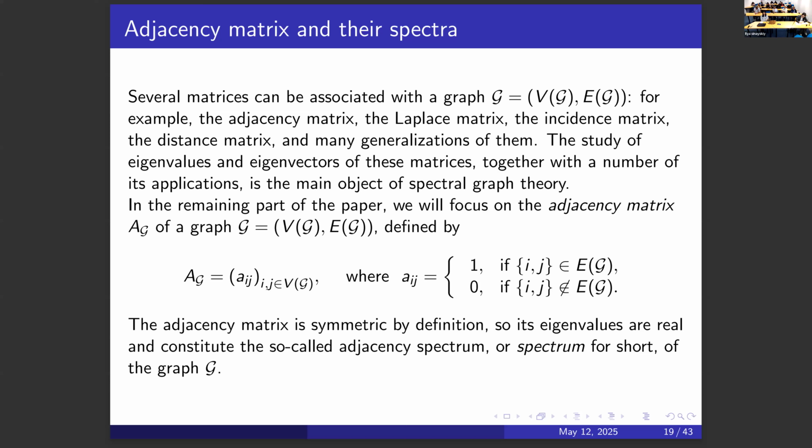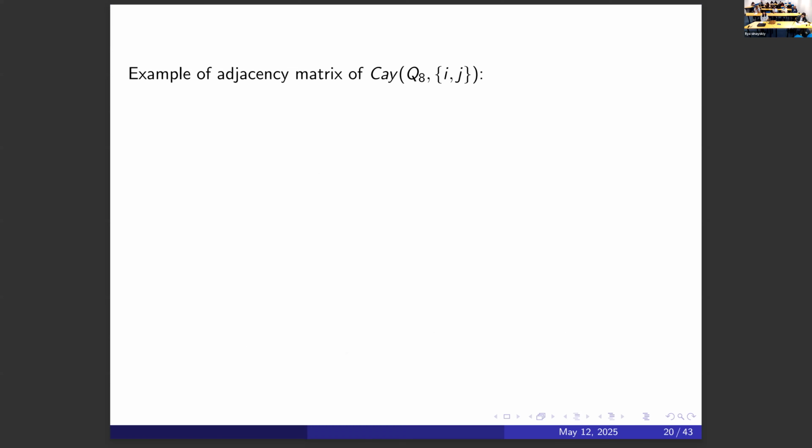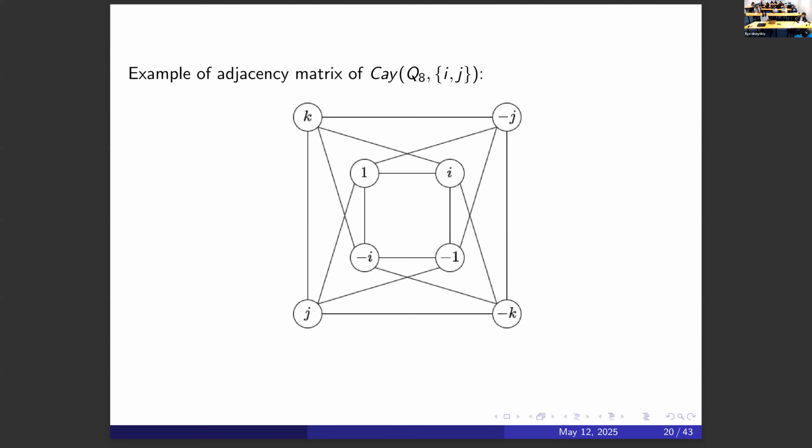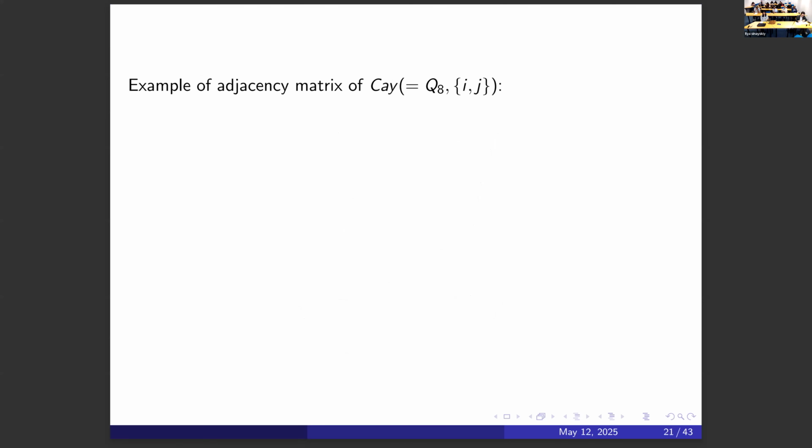When we are associating a spectrum with the graph, where there isn't confusion we just say the spectrum of that graph, but what we mean is actually the spectrum of the adjacency matrix. So, here is an example of an adjacency matrix of Cayley Q8 with the two generators.